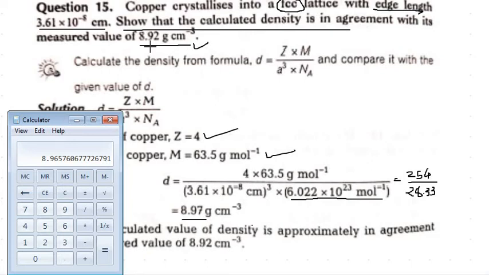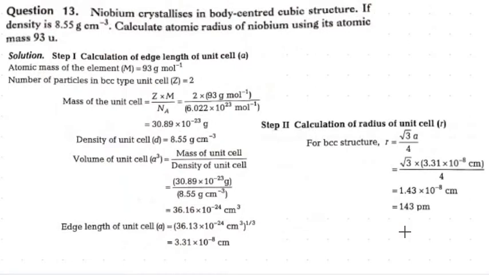So next we are going to take example 13. Now example 13 is a little bit confusing. It involves two formulas, so please pay attention. It is a very important question. Read the question again. It is from the same exercise. Niobium is one of the metals that crystallizes in a BCC cubic structure.